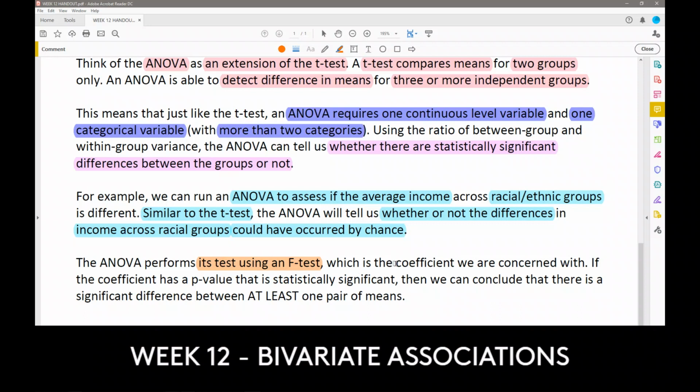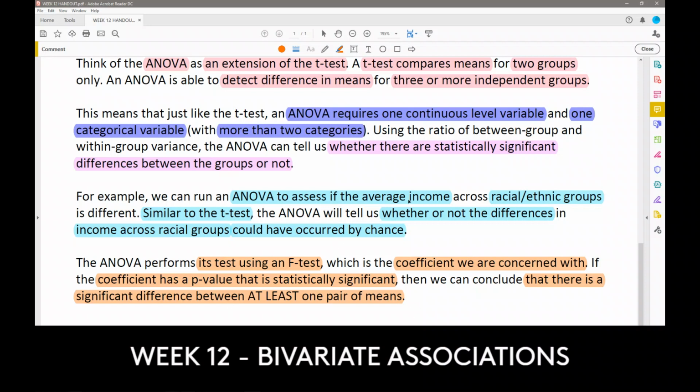The F coefficient is what we are concerned with for the ANOVA. If this coefficient has a significance value that indicates significance, what we are able to deduce then is that there is a significant difference between at least one pair of averages.